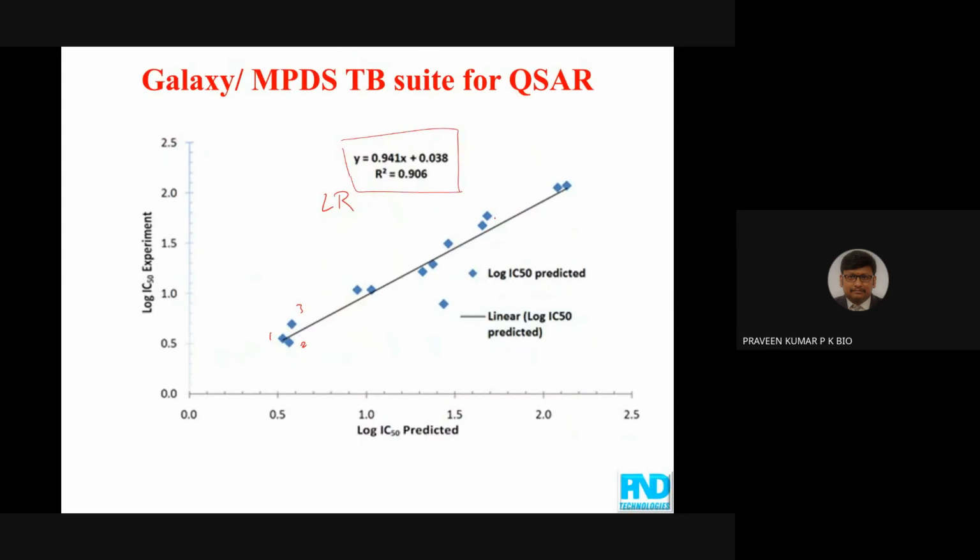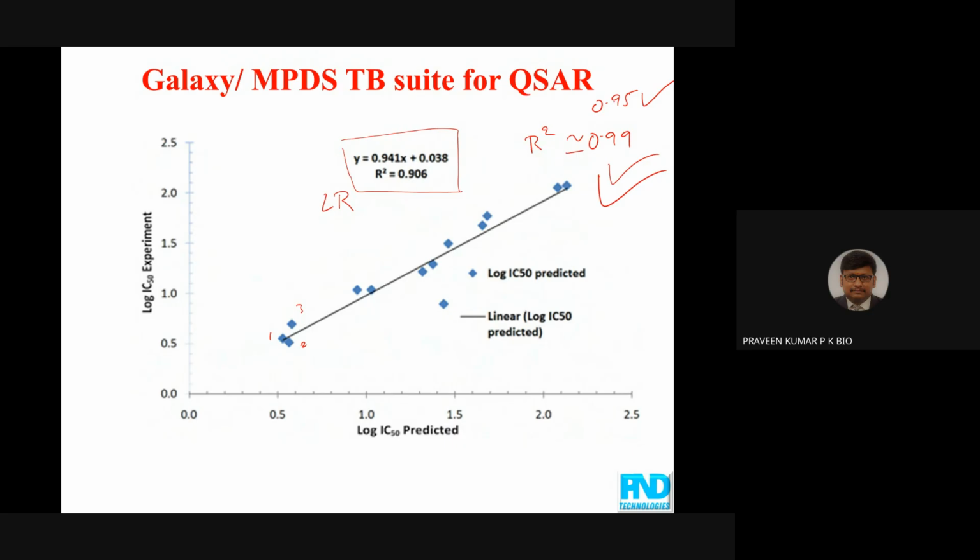We simply have to come up with a line with an equation which can show the r square value also. If the r square value is close to 0.99, then the model is more accurate. If r square is up to 0.95, it's okay, we can still use it, but the former is more accurate.